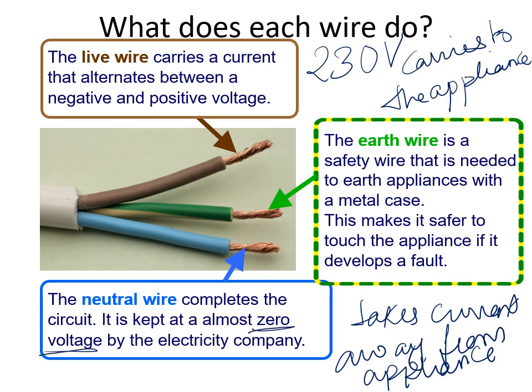The voltage of the neutral wire is almost zero. Voltage of the live wire is 230 volts. You need to know all these voltage values. And the earth wire is a safety precaution we are taking so that we can still touch the appliance even when it develops a fault.